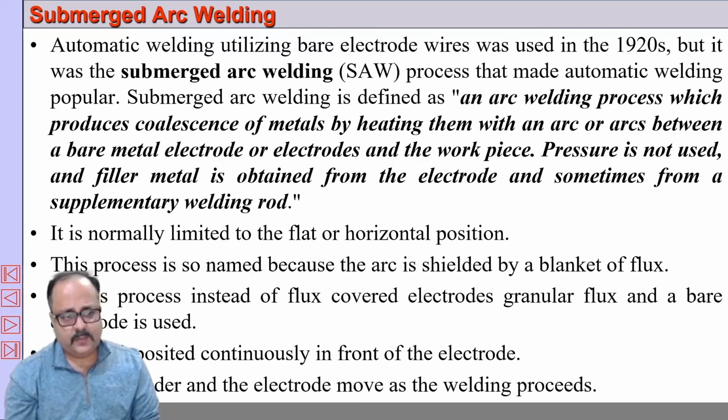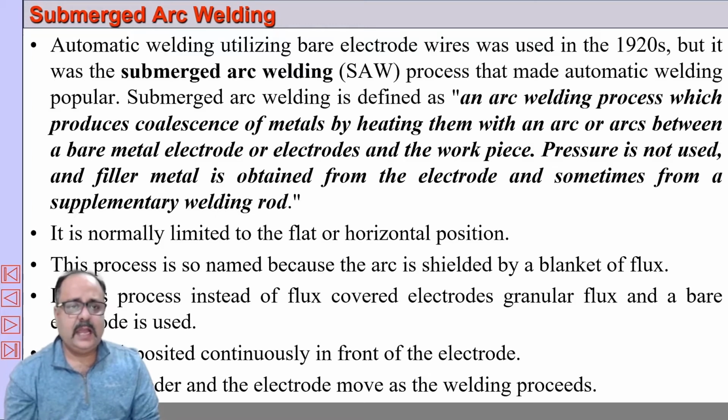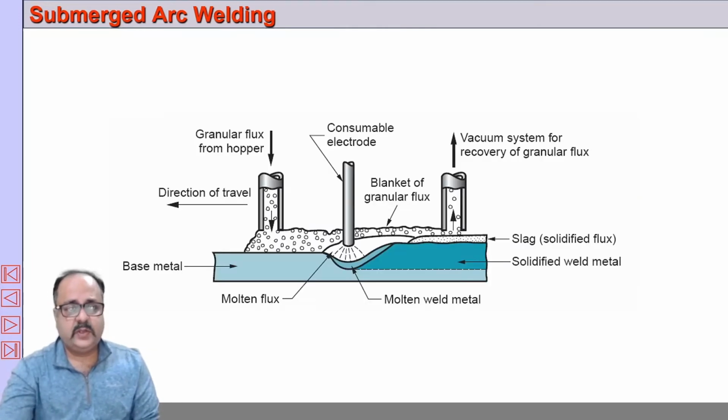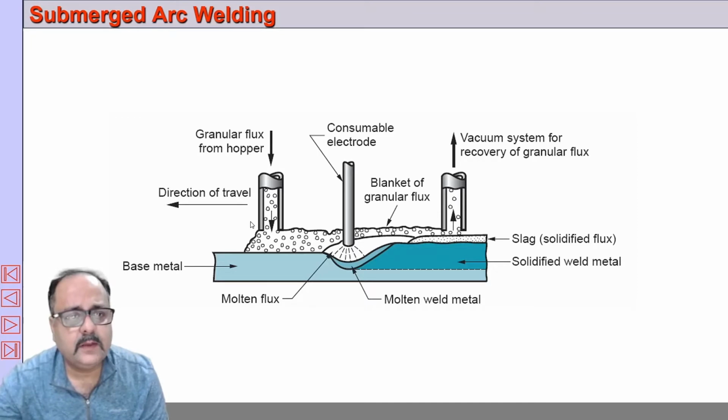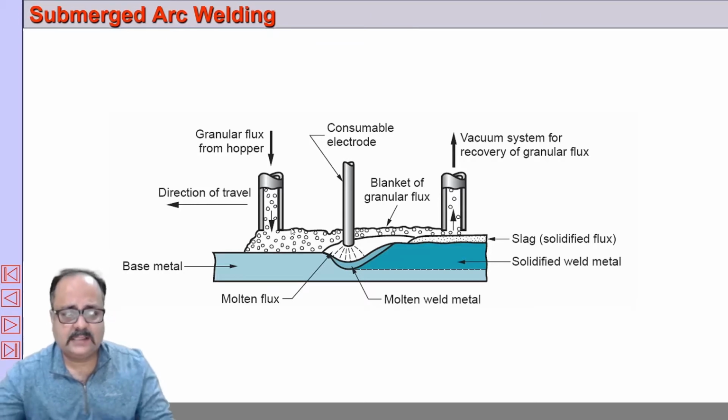The flux is continuously deposited in front of the electrode, and there is a flux feeder which feeds the flux, and the electrode moves behind the flux feeder. There may be another vacuum system which may collect the unused fluxes. You can see here, this is the granular flux hopper which deposits the flux in front of it, and this flux completely engulfs the arc.